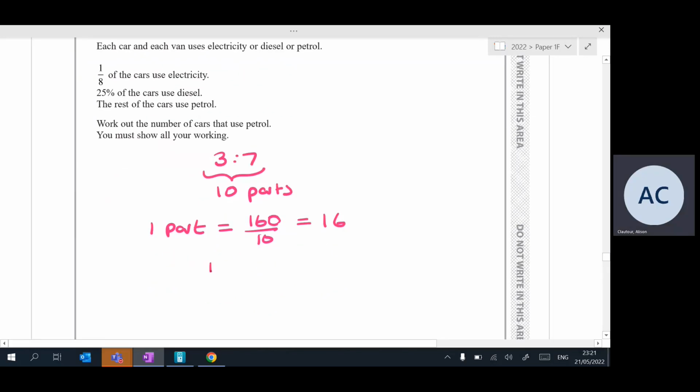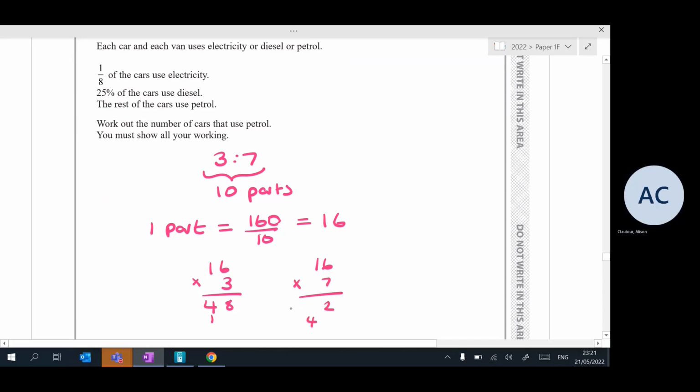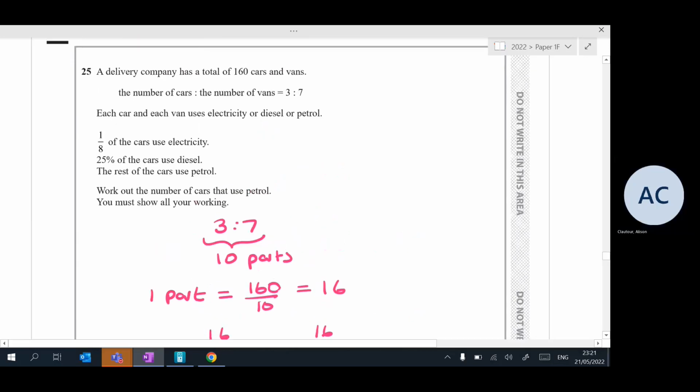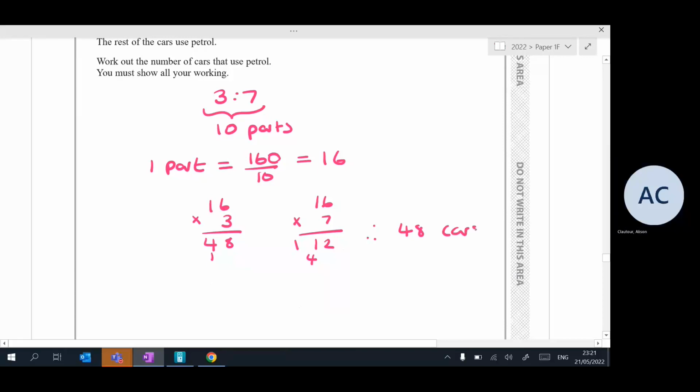If I do 16 times 3, I've got 48. If I do 16 times 7, I've got 112. So you've therefore got 48 cars and 112 vans.